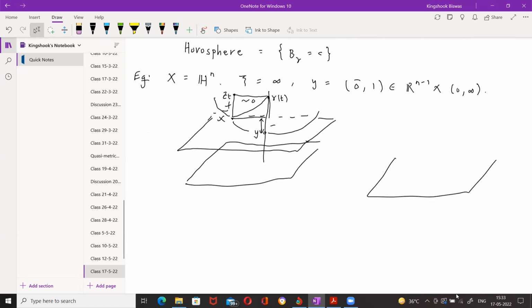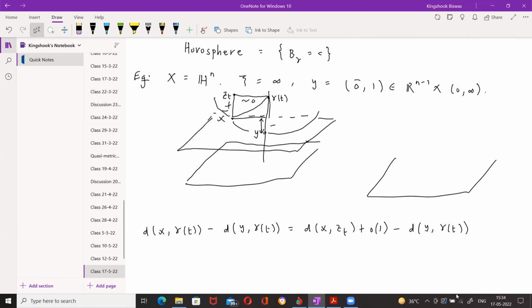So the distance x gamma t minus distance y gamma t. By distance, x gamma t is equal to distance x z t plus little o of 1, minus distance y gamma t.